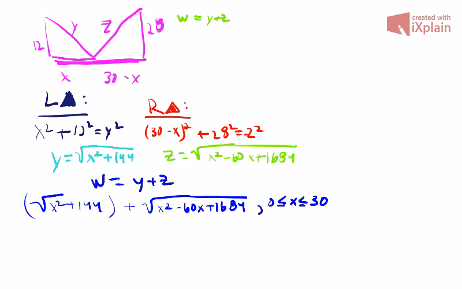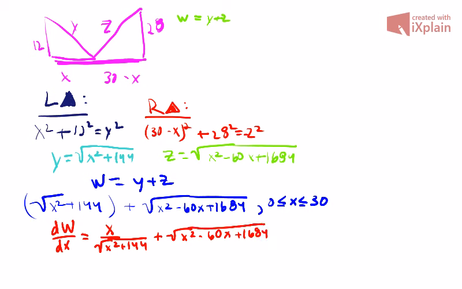So now we need to differentiate w with respect to x. So dw over dx equals x over the radical of x squared plus 144, plus, on top, x minus 30 over the radical of x squared minus 60x plus 1684.